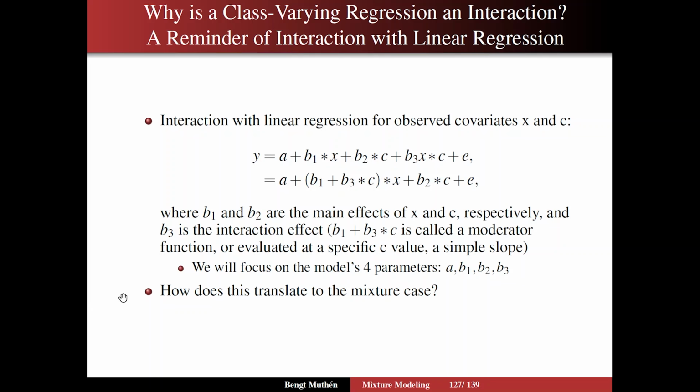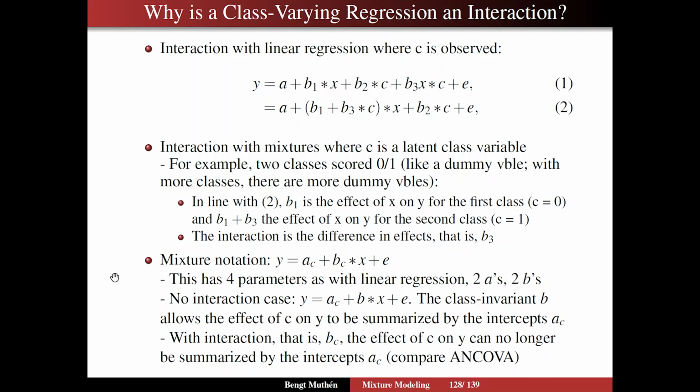So how does this translate to the mixture case then? Well, repeating what we saw on the previous slide, interaction with mixtures where c is a latent class variable is what we want to consider now. So say that you have 2 classes, and say that c is scored as a 0, 1 variable, like a dummy variable. With more classes, there would be more dummy variables.